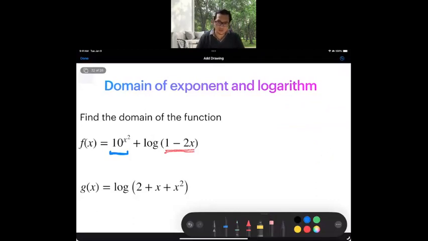So we have log of 1 minus 2x. Remember, can the log argument be 0? No, right? So we need to make this greater than 0, which requires that. Now, every time we multiply with a negative, the whole inequality needs to be flipped like that.